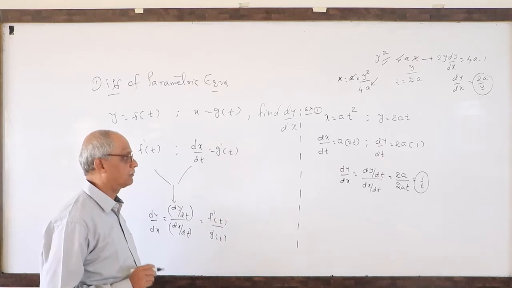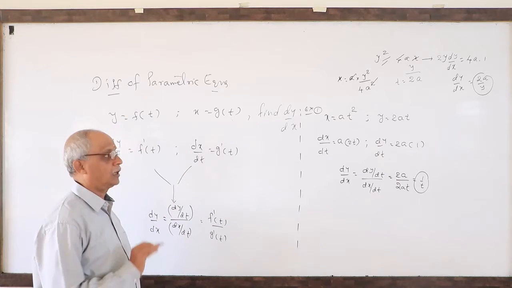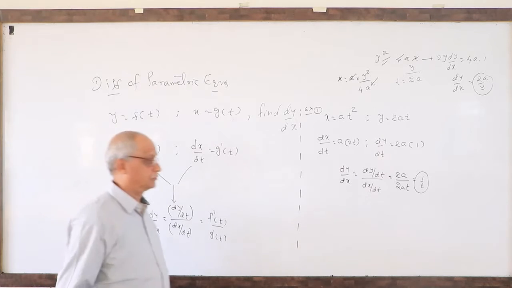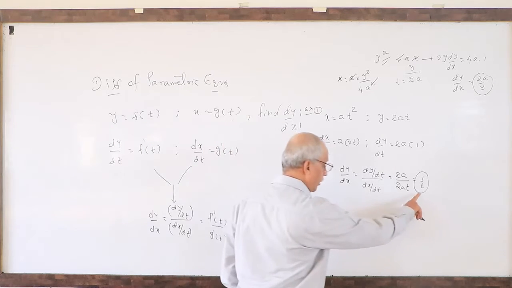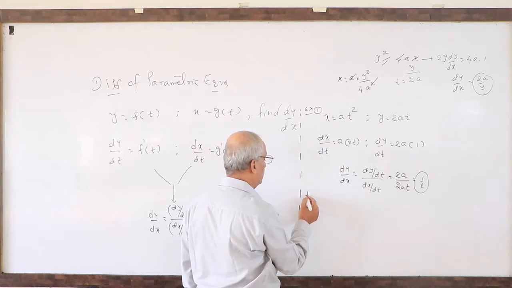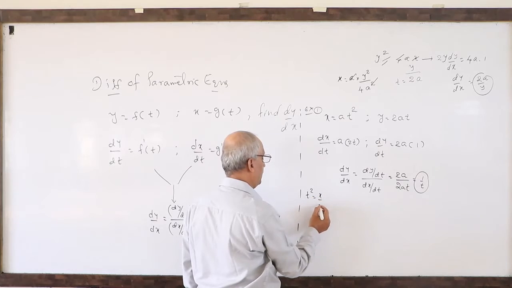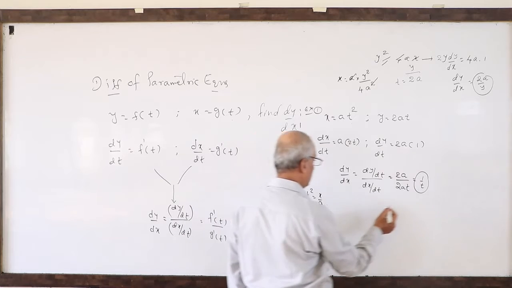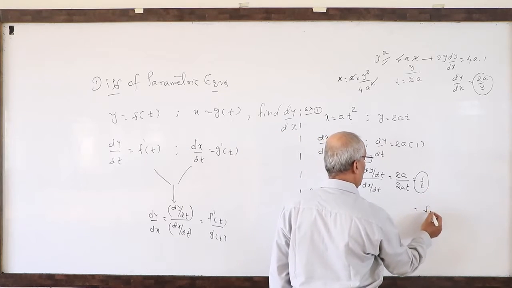Suppose they are not giving 1 by t but in terms of x. How do you write it in terms of x from this? What is the t square value? x by a. Then what is the t value? Root x by a. Hence what is the 1 by t value? Root a by root x.